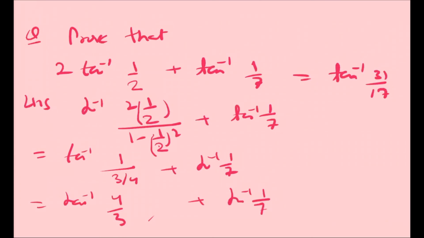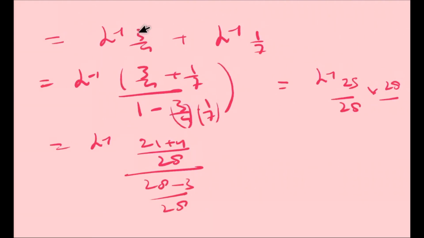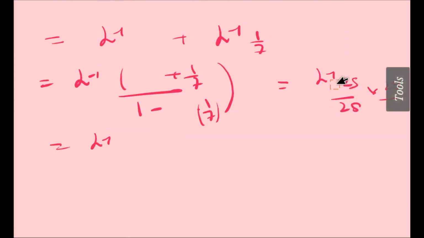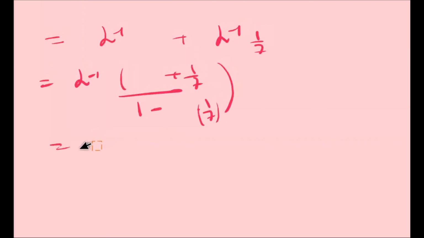Okay, so now tan inverse here is tan inverse 4 by 3, so 4 by 3, 4 by 3.